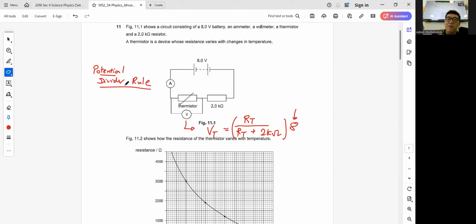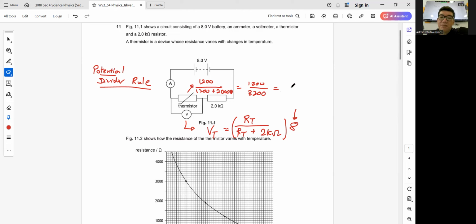So that's why it's called potential divider rule. In a way, it's a fraction. Because if you take that 1,200 ohms divided by that 1,200 plus 2,000, so basically what you have here is a fraction. That will give you, oh, I have too many zeros. What is that?